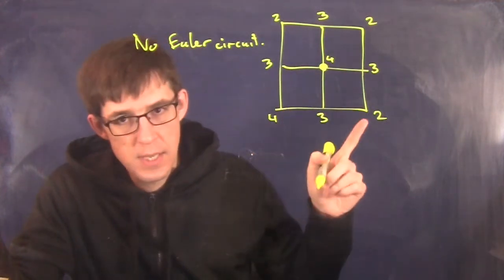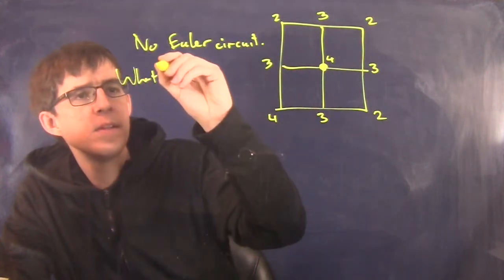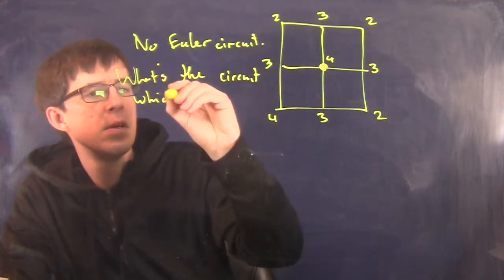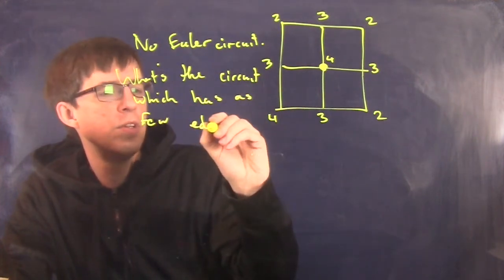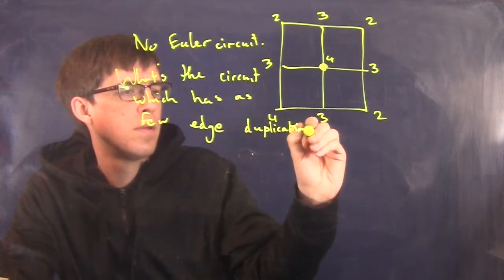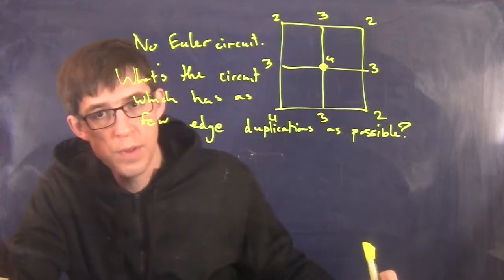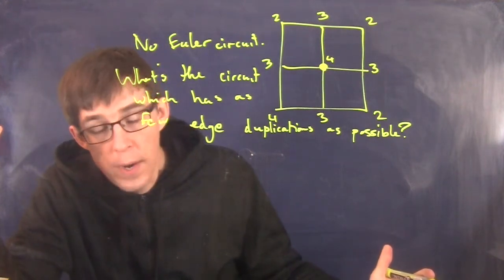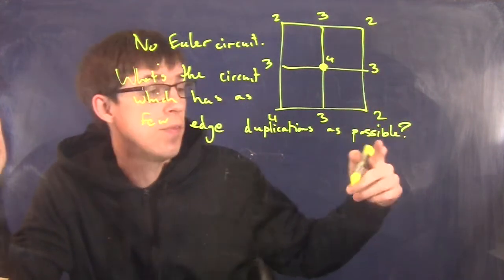The natural question then, if you were really trying to do something like this in the real world, would be: what's the circuit which has as few edge duplications as possible? Given that we know there is no way to do it with no edge duplications, what's the best? Can you do it, say, by repeating one edge? Or for some reason, do you have to duplicate 2 edges in this example? That's what I want to talk about here.